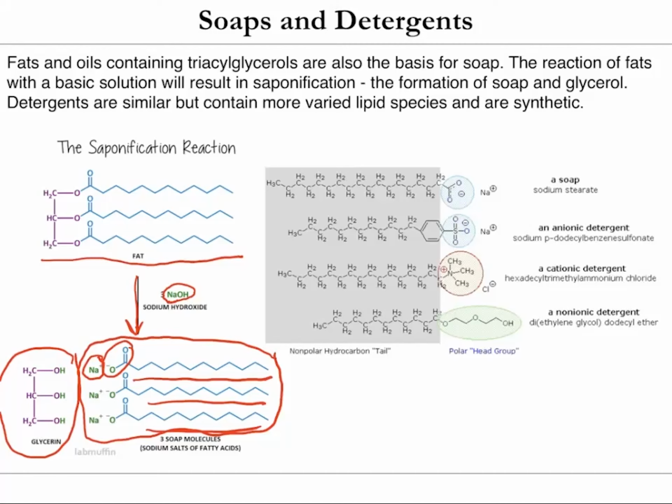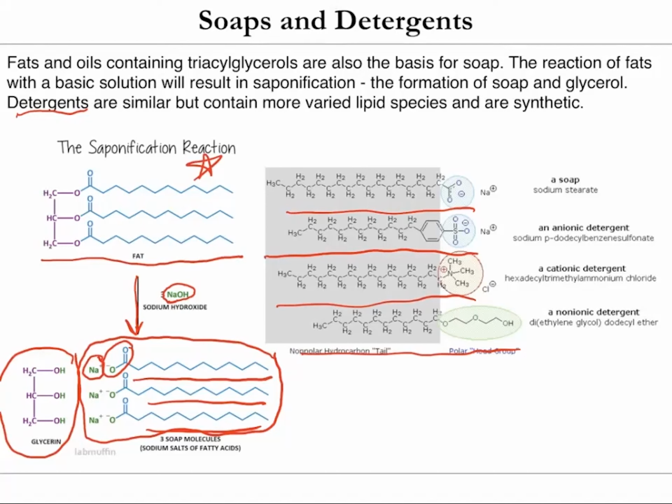So detergents are similar, but they contain a more varied species of lipid, and they're usually formed from synthetic sources, as opposed to this fat or soap. If you remember the movie Fight Club, they were using fat taken from liposuction clinics and turning that into soap.